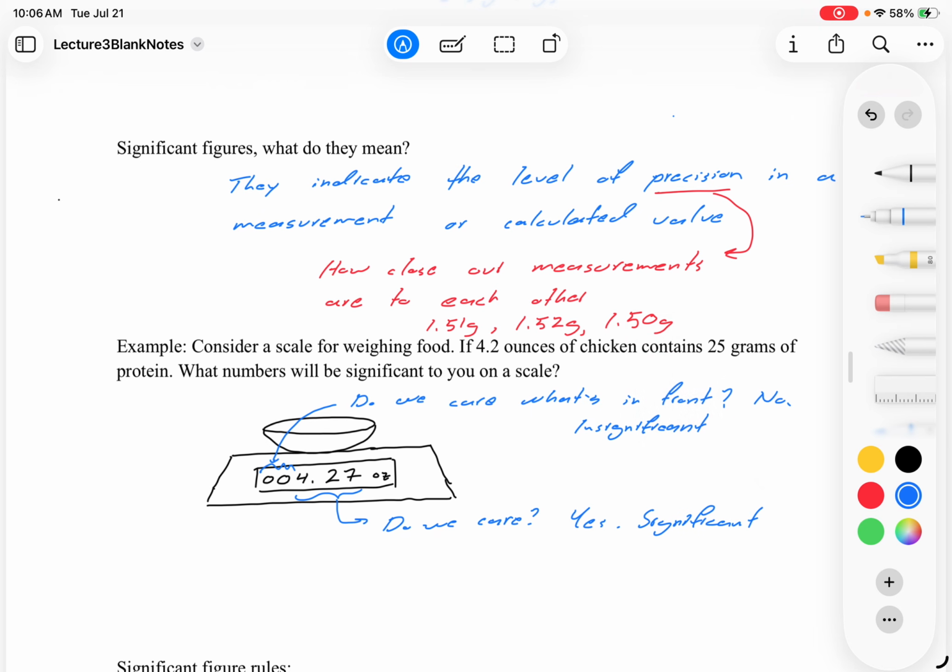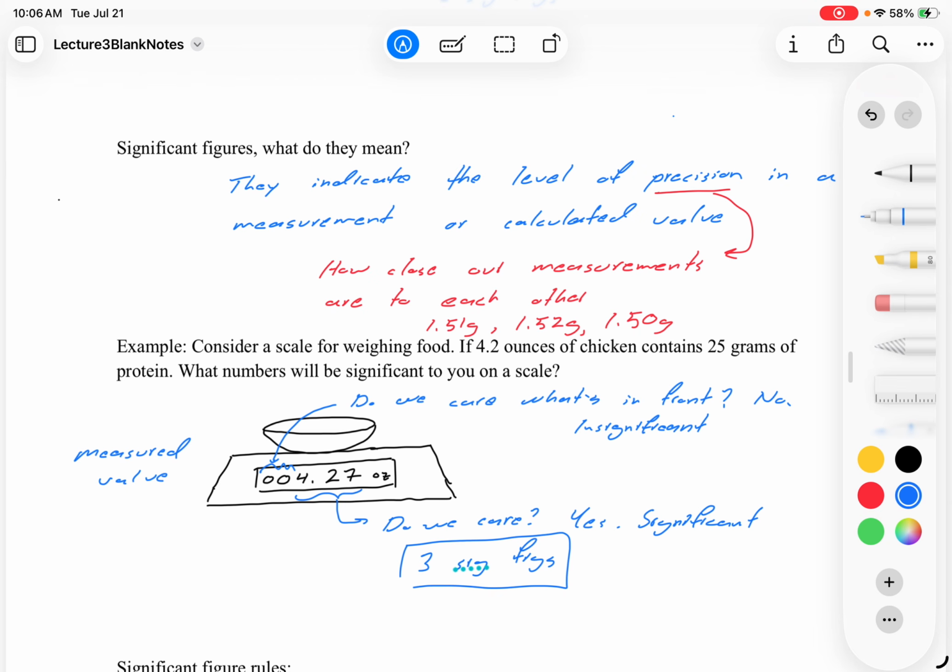And this is a measured value, by the way. So this is what we would say is 3 sig figs: 3 significant figures, 3 figures that actually mean something to you, right?